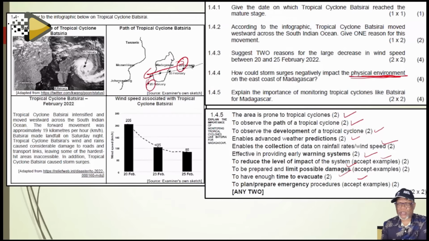So it's not limited to this. To avoid loss of life so that people can act on time.